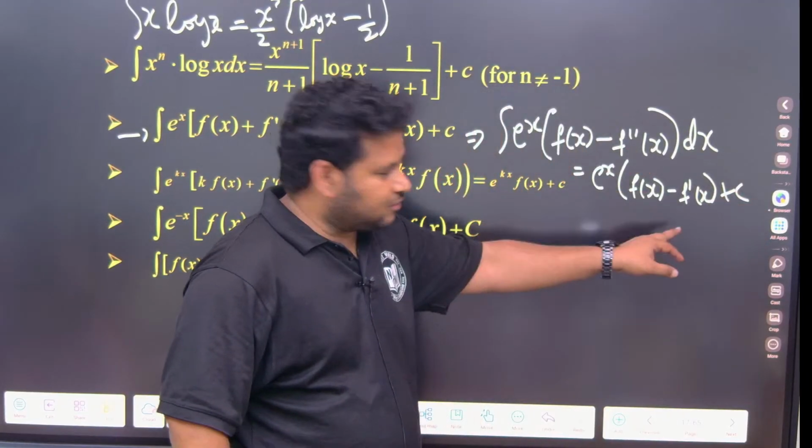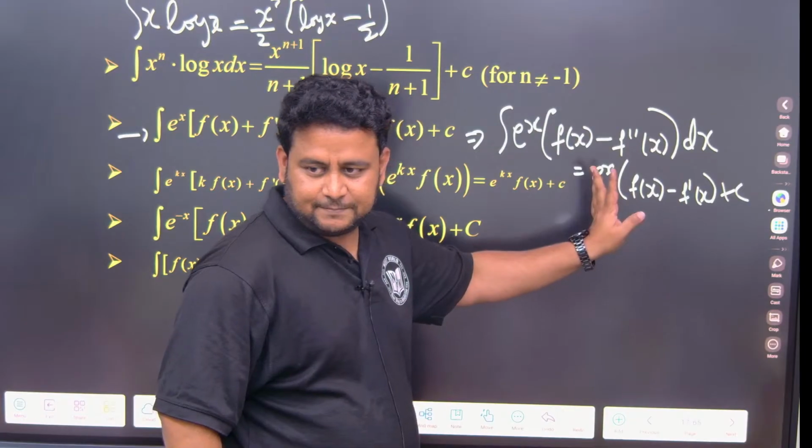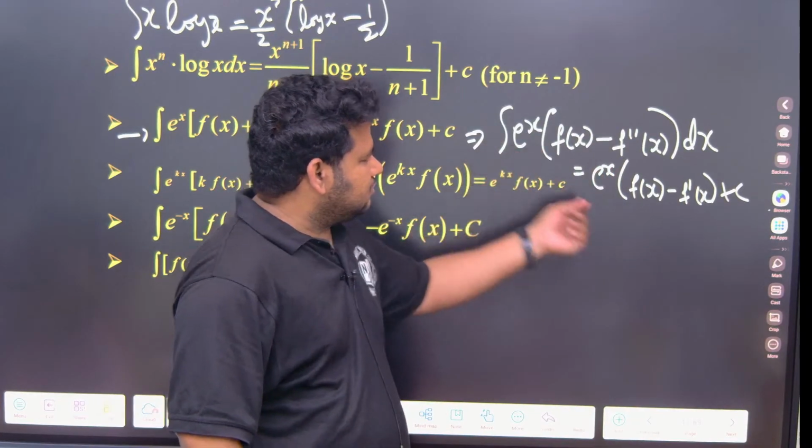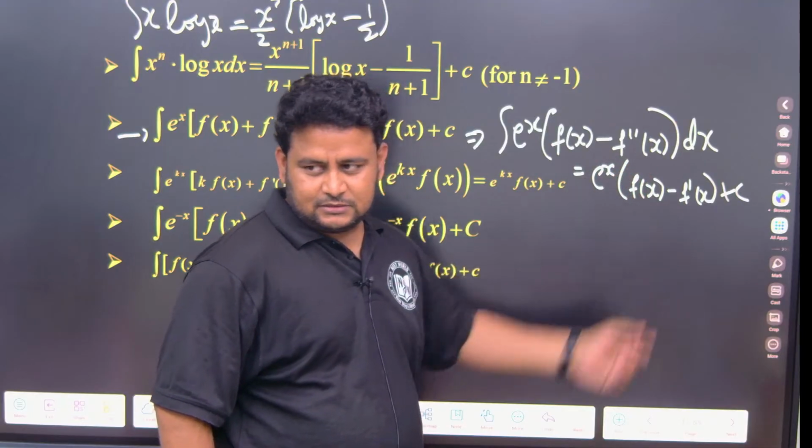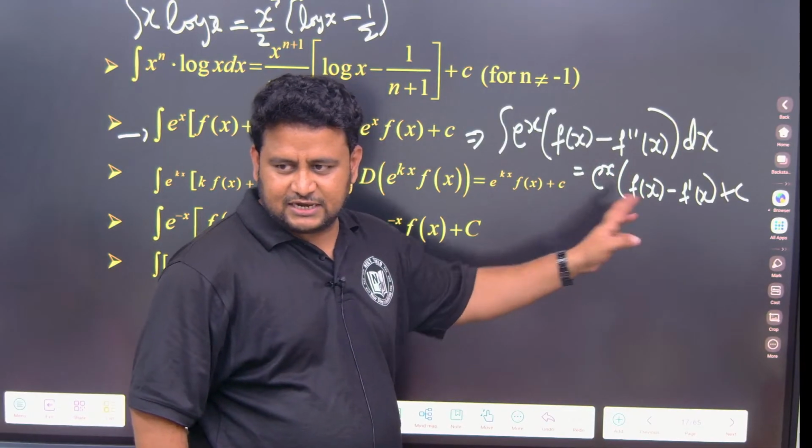From grandparent to parent, child it came. Child and grandparent are there, child and parent we are connecting here. Child and grandparent gives us child and parent.